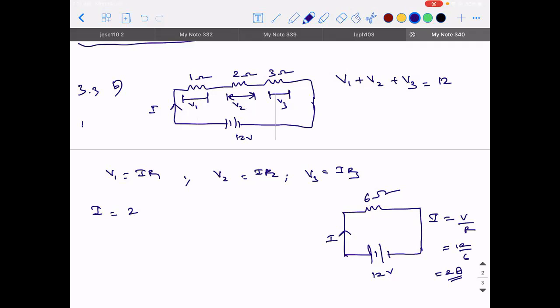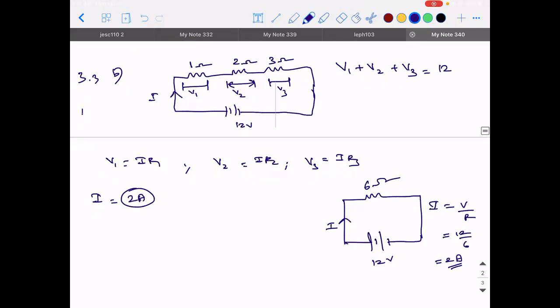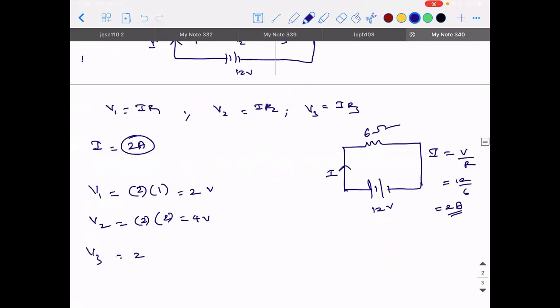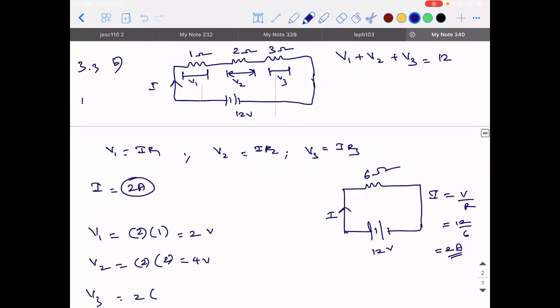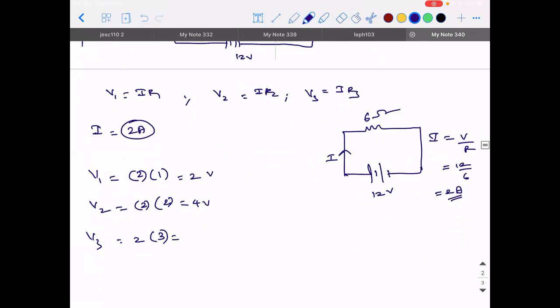So I is equal to 2 ampere. V1 will be equal to 2 multiplied with 1, that is 2 volt. V2 will be 2 multiplied with 2, that is 4 volt. And V3 will be equal to 2 multiplied with 3, which will be 6 volt.